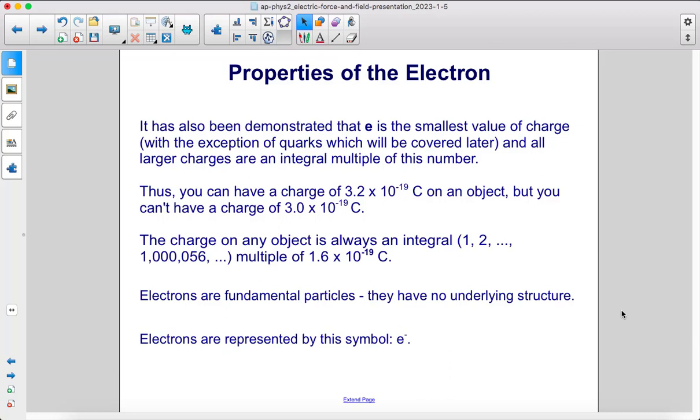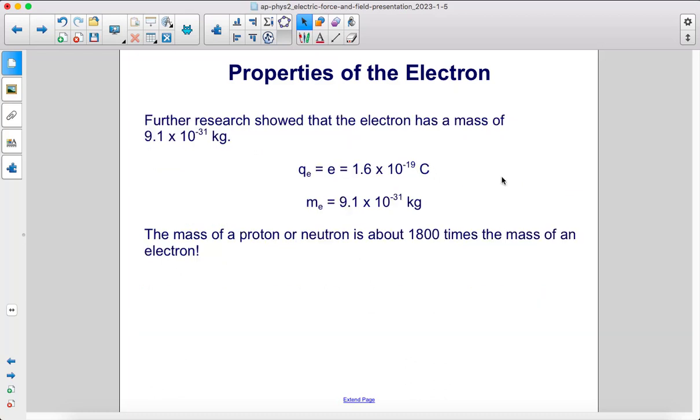Electrons are fundamental particles. They have no underlying structure. Electrons are represented by this symbol, e with a negative sign. Further research showed that the electron has a mass of 9.1 times 10^-31 kilograms. The charge on an electron is lowercase e.